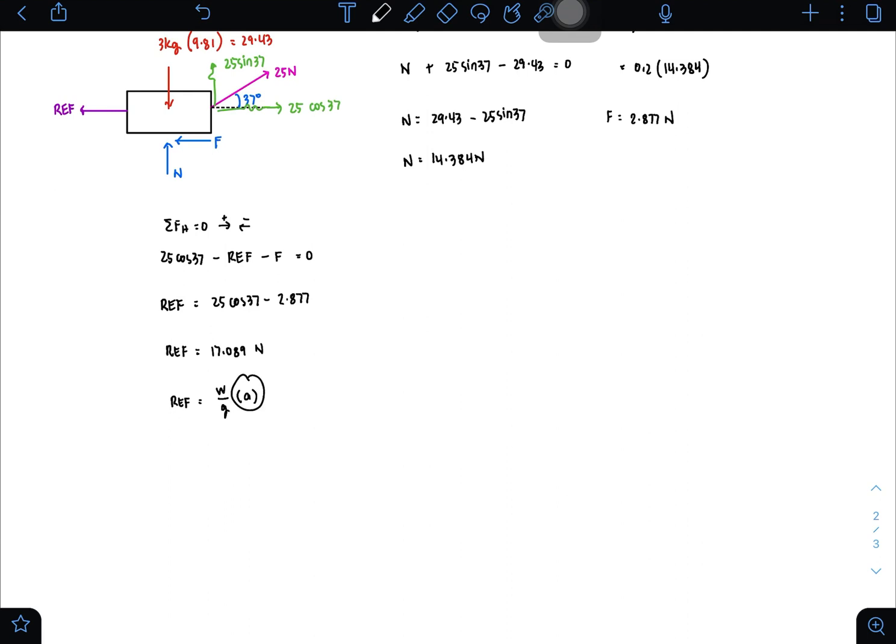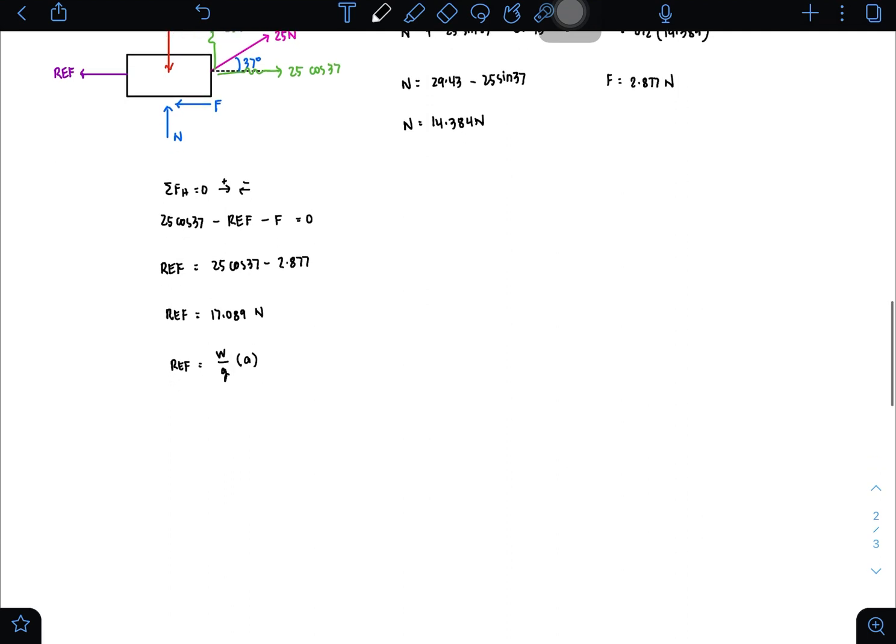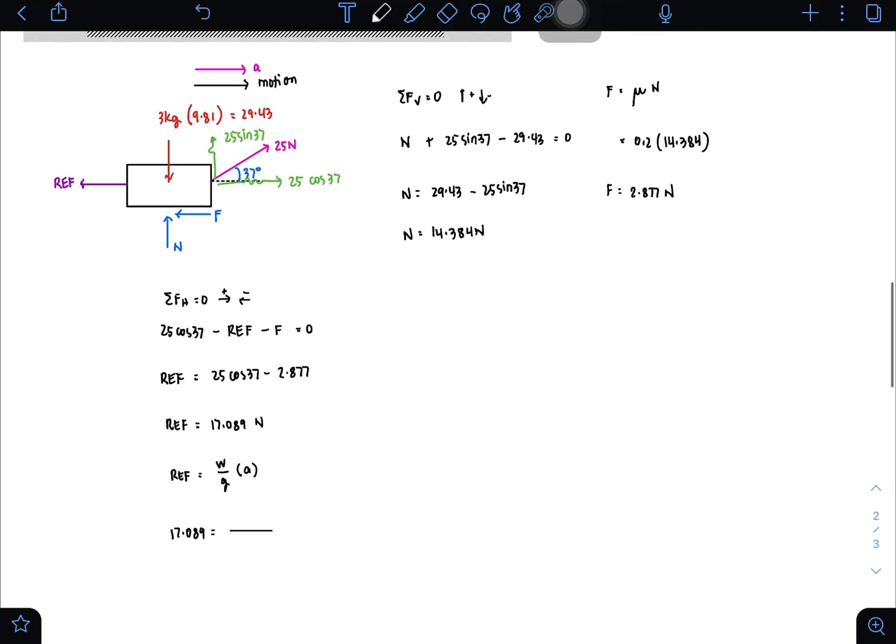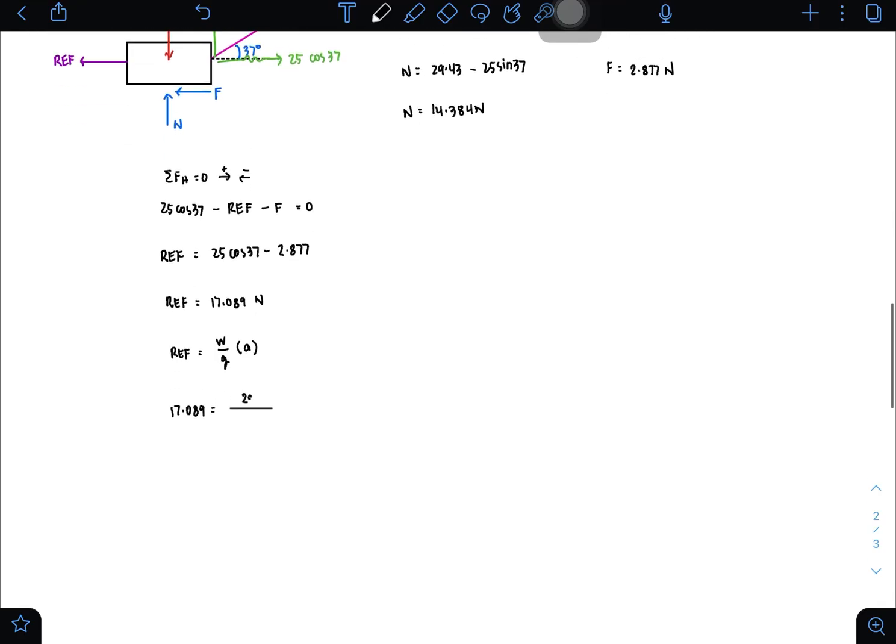That's why we can get the acceleration from the REF. And we are going to substitute now 17.089 for the REF, and that's equal to the weight of the block, which is 29.43, divided by 9.81 as the gravitational acceleration, times the acceleration of the block.